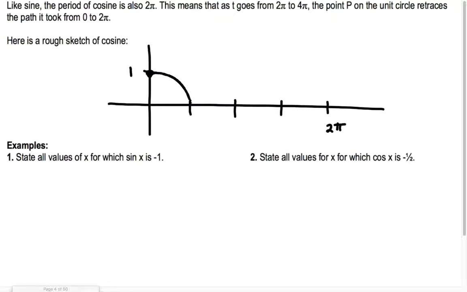We go from 1 to 0, then 0 to -1, and then -1 to 0, and then 0 to 1. It kind of makes a little U shape on this one, just the ends are kind of curved. Okay, but it continues, so you can draw the ends saying it continues this way and this way.